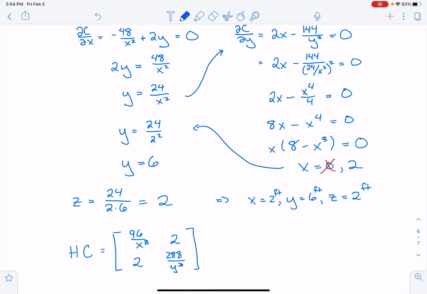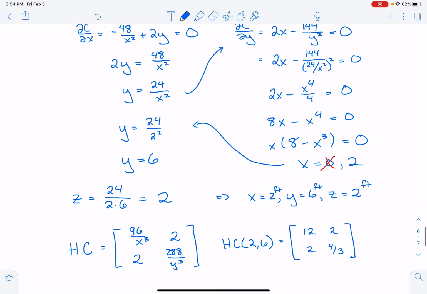Okay, then if I plug in 2 and 6, what is my Hessian matrix? In fact, 96 divided by 2 cubed, so divided by 8, that's going to give me 12. And I have 2, 2, and then 288 over 6 cubed turns out to be 4/3.